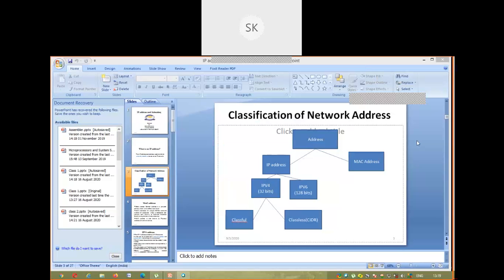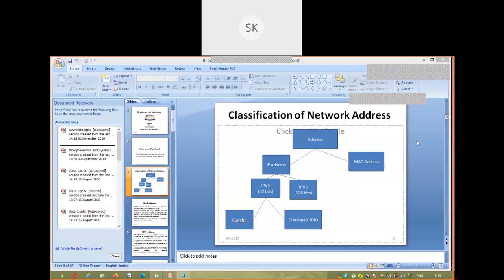And if we come to the IP address, again there are two categories. One is IPv4 and another one is IPv6. IPv4 is a 32-bit address and IPv6 is a 128-bit address. It's a long address. And if we talk about IPv4, we can classify it into two categories: classful and classless.